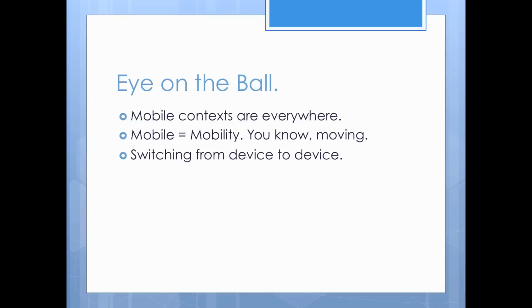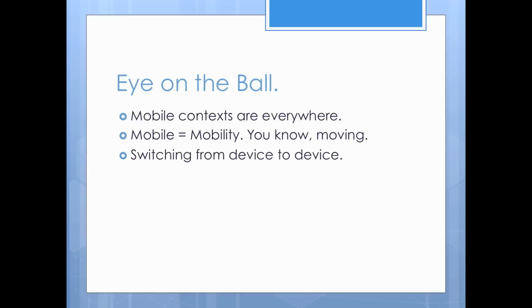It's pretty important. The other thing about mobility is that you're switching from device to device. Maybe you start out on your phone and then you decide, hey, I would rather read this on my tablet. And then maybe you're like, well, I really need to do a lot of writing or something, and you don't really want to sit there and tap on your device, and you have the option. Then you could go to a desktop.